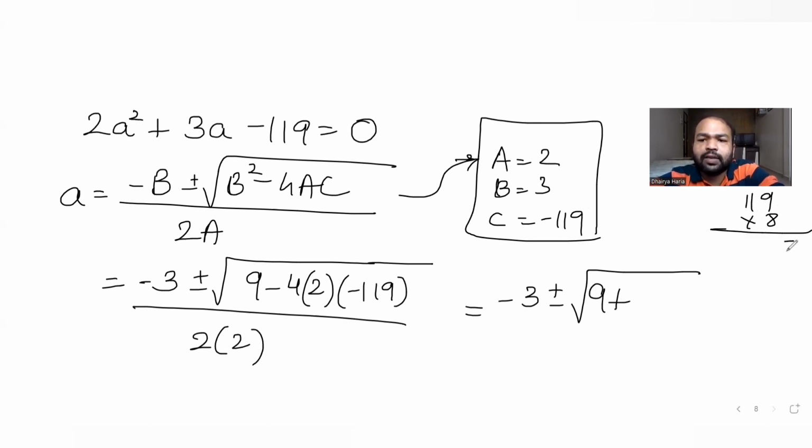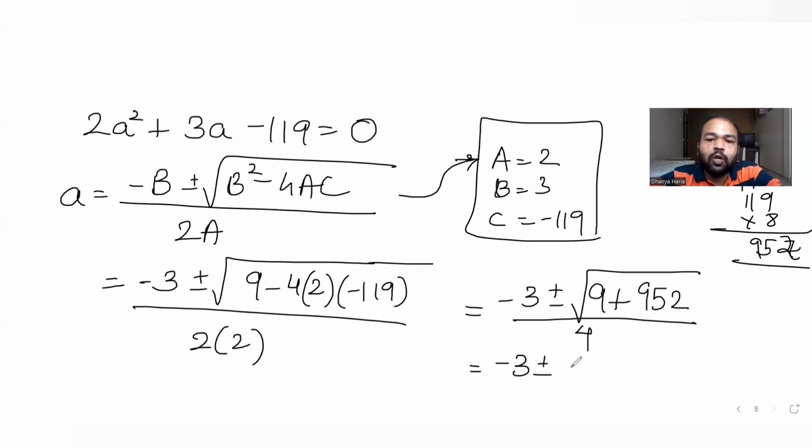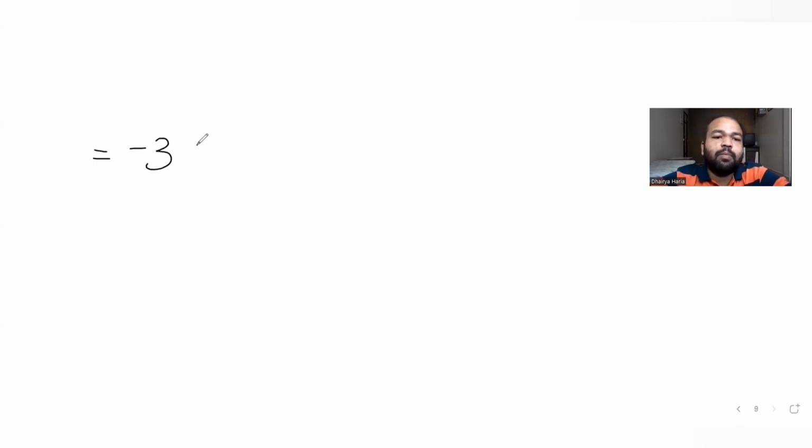So 8 nines are 72, 8 ones are 8, 15. 8 ones are 8. You get this becoming 961 upon 4. That makes it minus 3 plus minus root of 961 upon 4. That makes it minus 3 plus minus 31 upon 4.